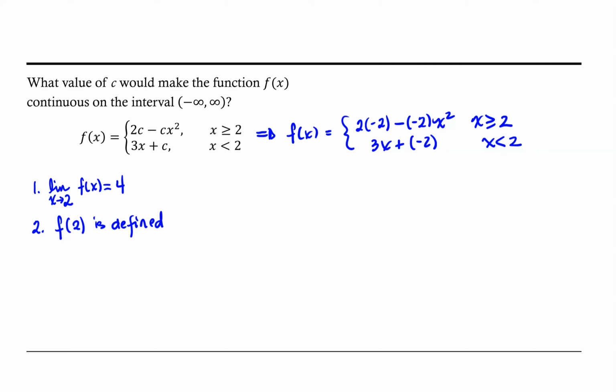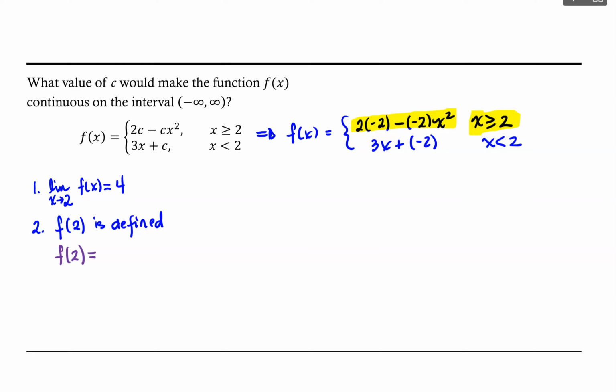So is f of 2 defined? It is. The condition here of x greater than or equal to 2 would indicate that this would be the portion of our piecewise function that we would use to find the value of f of 2.